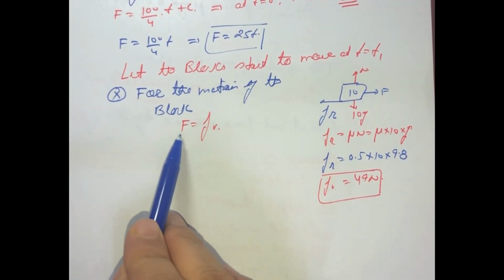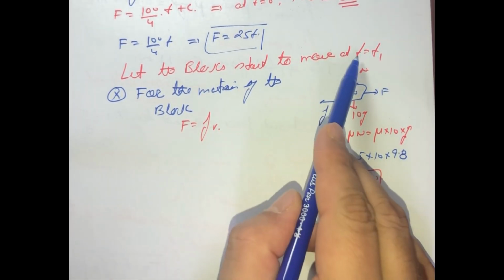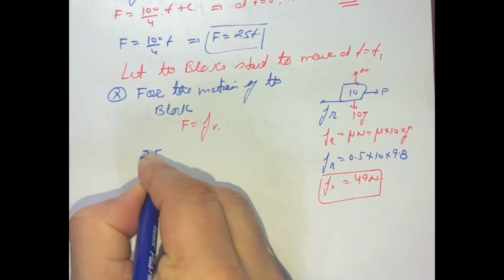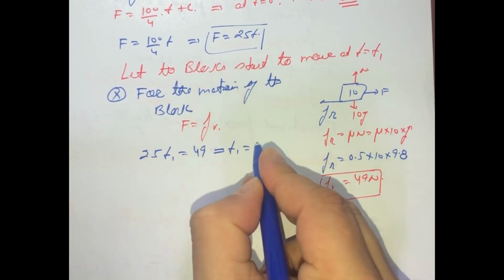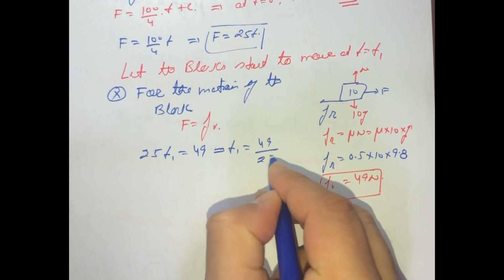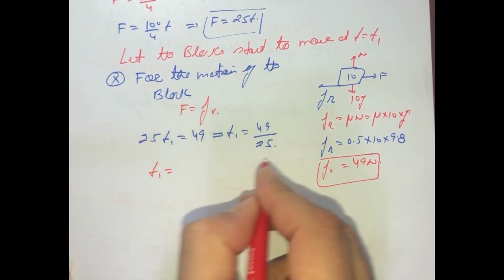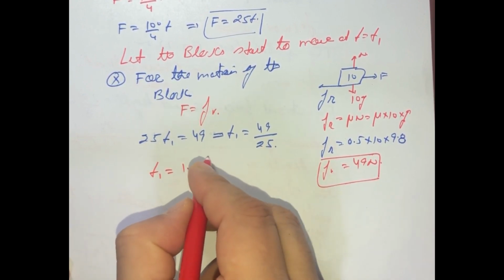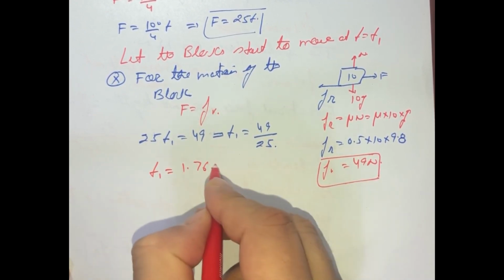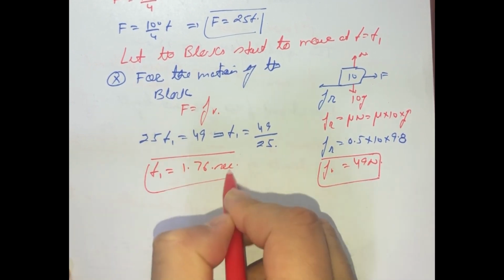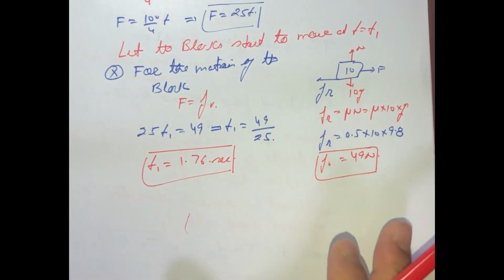So F equals Fr, and the value of F at t equal to t1 gives 25 t1 equals 49. So t1 equals 49 divided by 25, which is 1.96 seconds. At this time the motion of the block is going to start.